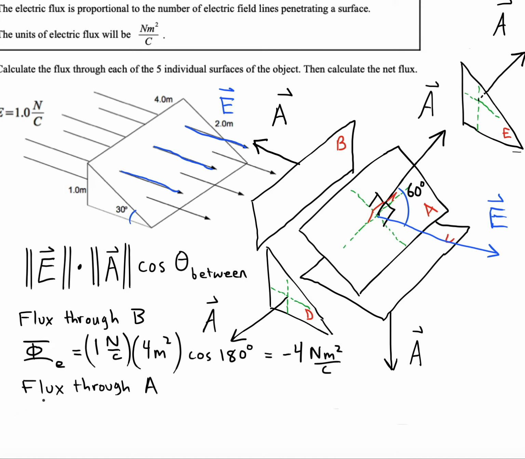Now we'll calculate the flux through A. Use the field strength. And we need the area of that shape. So it looks like it's going to be 4 times 2, 8 meters squared.